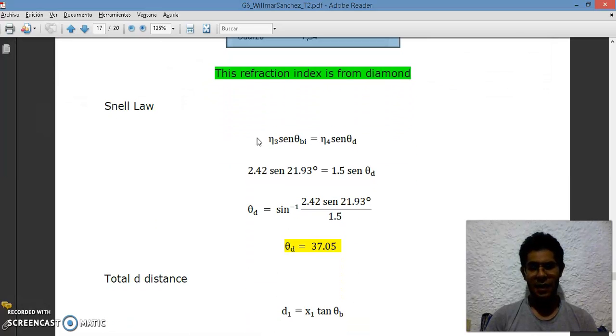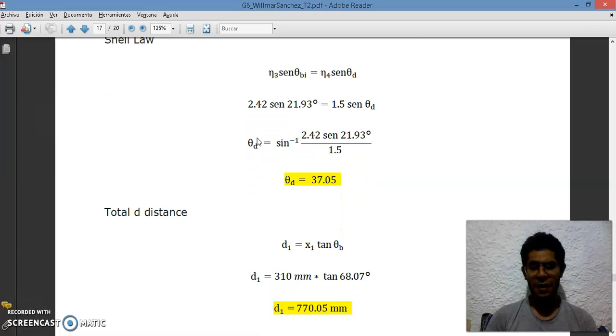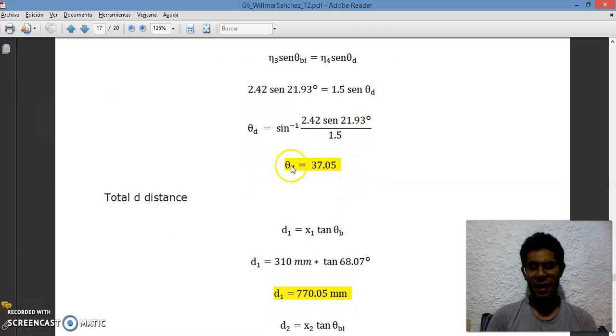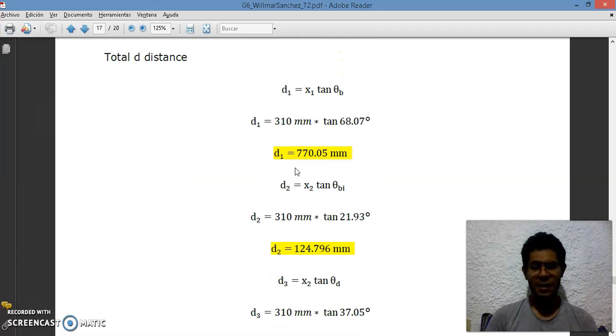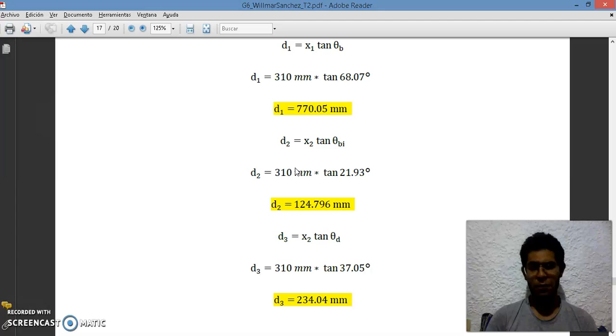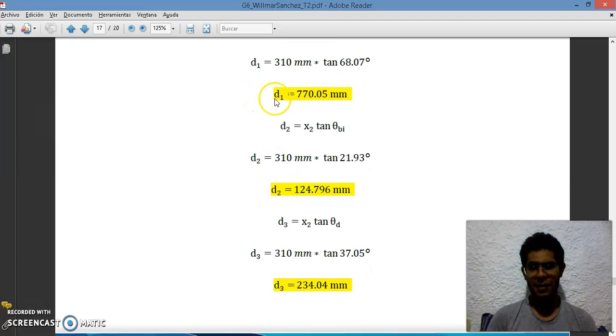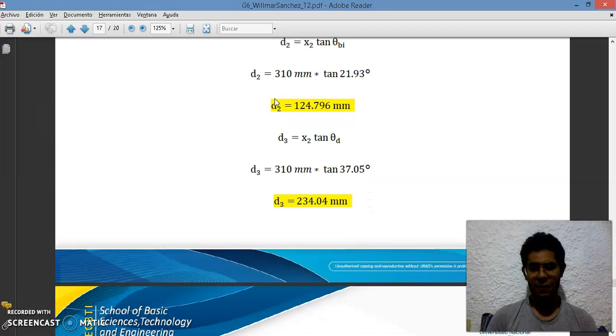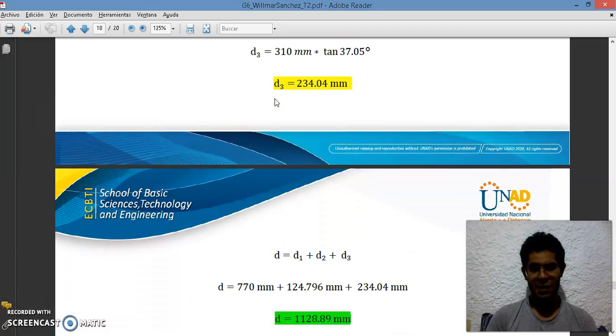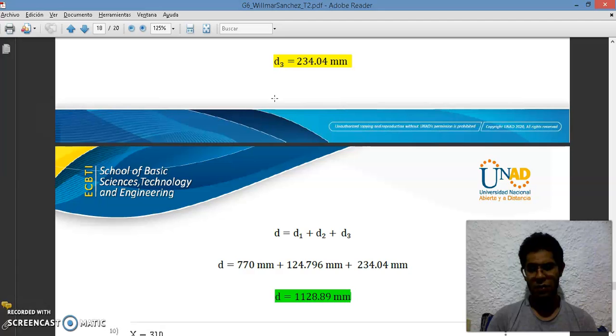And next we use Snell's law again to find the angle of the fourth media. For the distance, we add the three distances, use the tangent, and we have that the total distance is equal to 101.28.